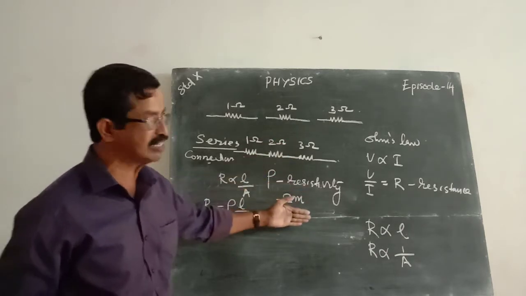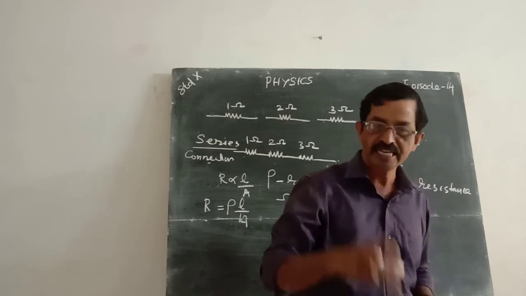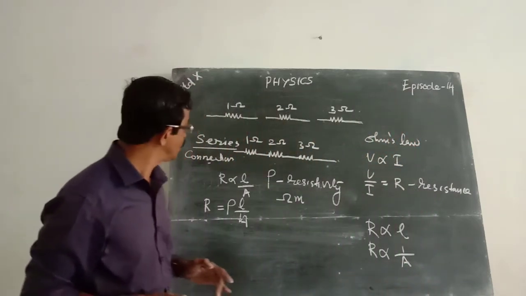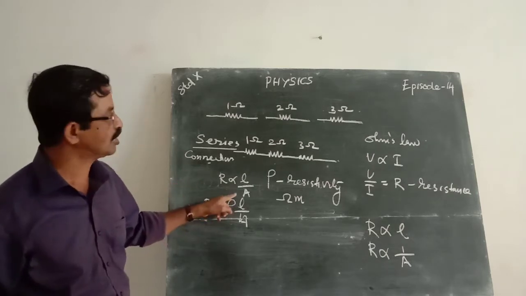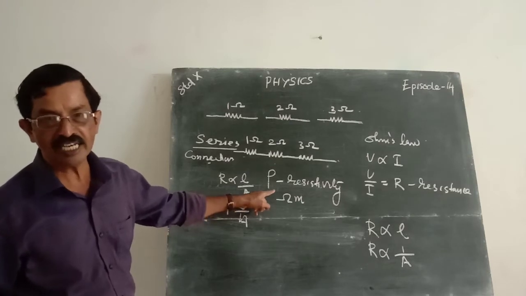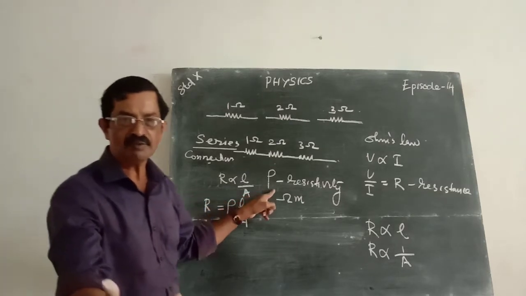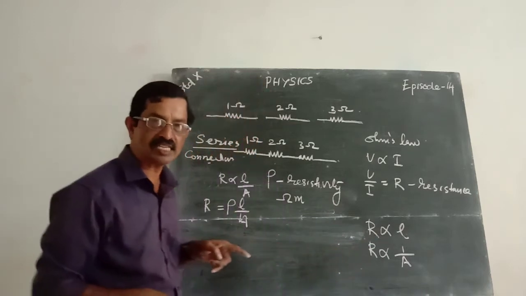Actually, what is resistivity? Resistivity is also resistance of a material of unit length and unit area of cross section. Whatever its resistance is, that we call resistivity.